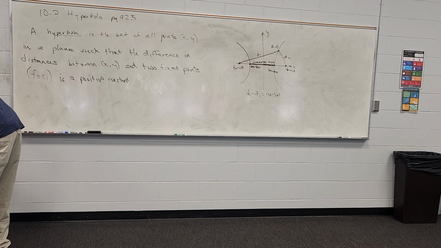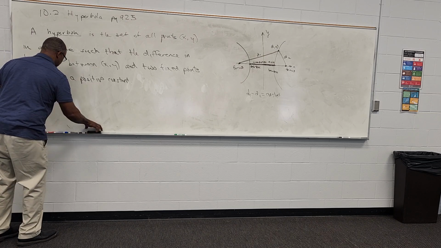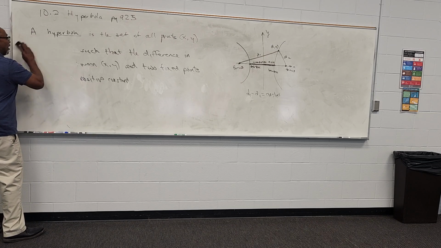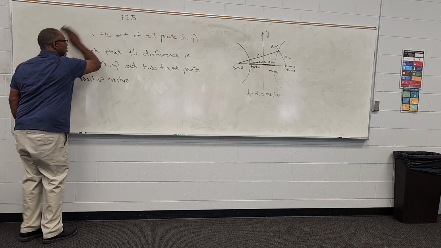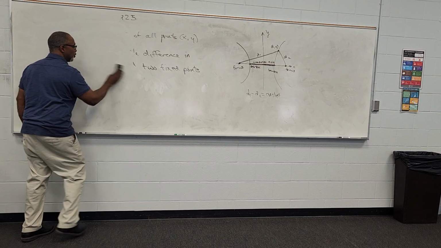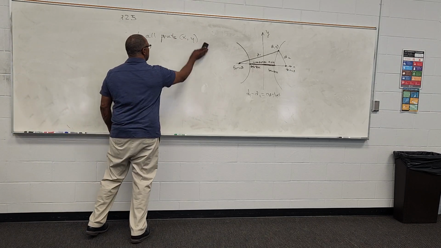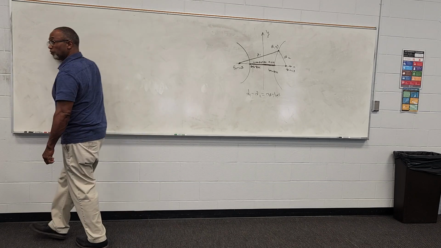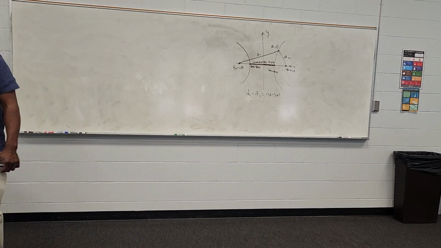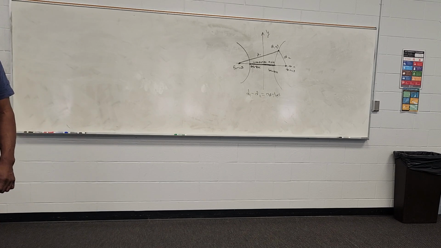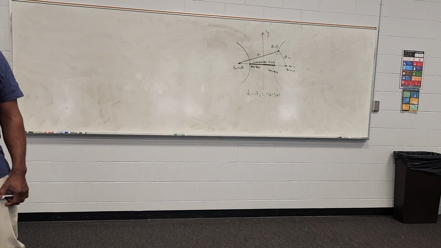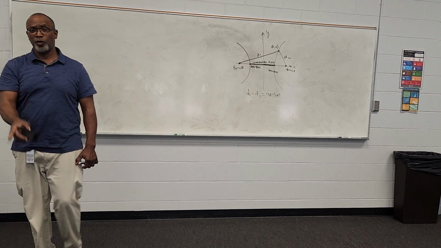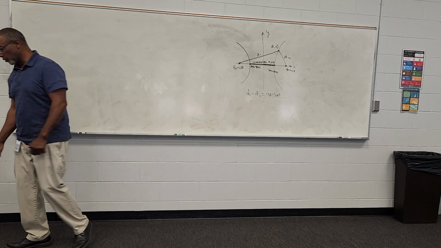So let me give you the different equations. Obviously the transverse axis could be horizontal or vertical, so we're going to look at both situations. We're going to write down the standard equation for a hyperbola where the transverse axis is horizontal, along the x-axis, and one where the transverse axis is vertical.